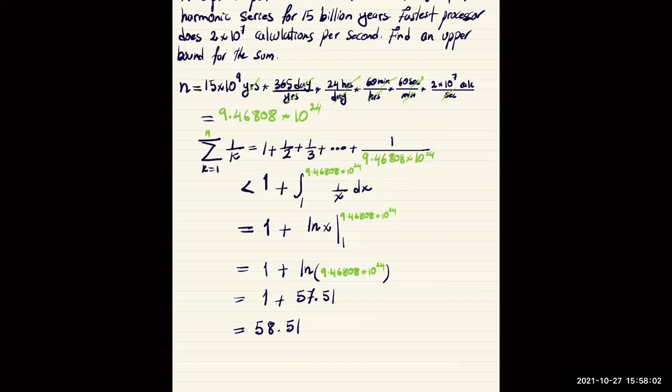This is why we have no empirical evidence that the harmonic series is divergent. You're adding so many terms of this series, and the sum can't go beyond 58.5.